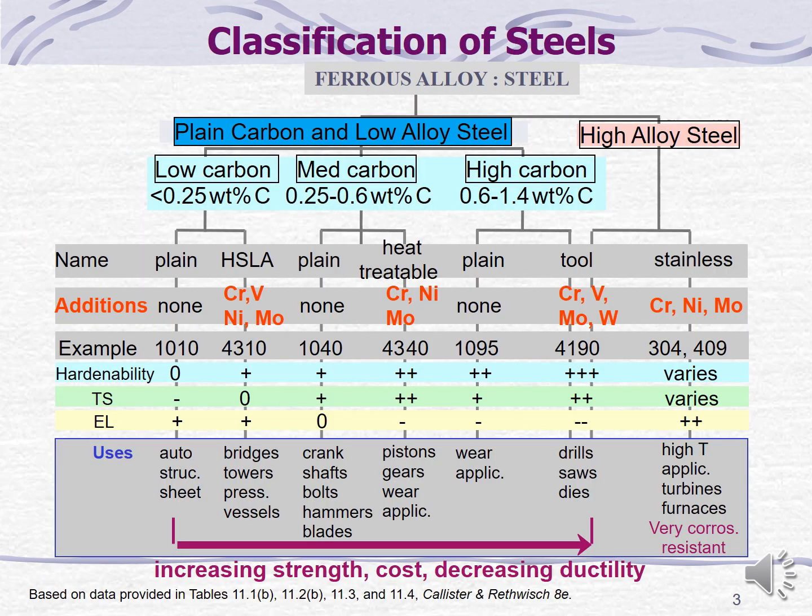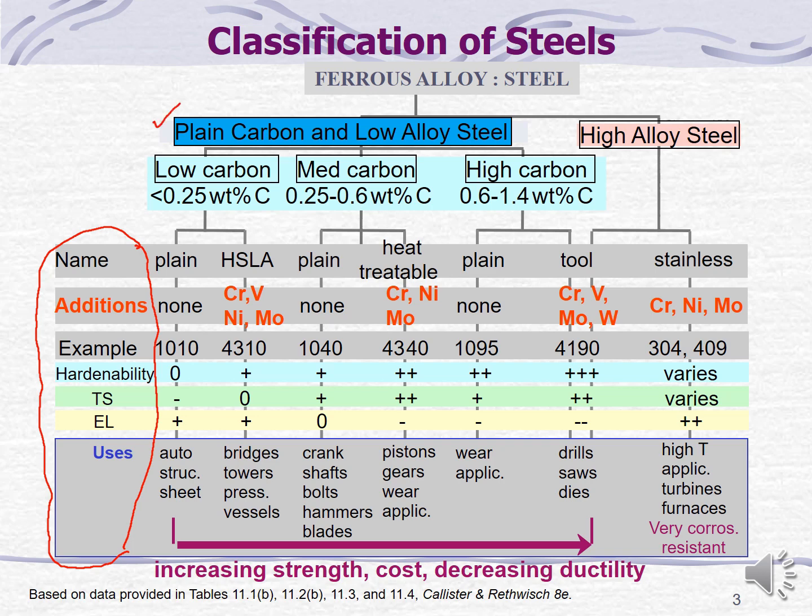Okay, look at this slide, still on the classification of steel, but now we want to see the comparison in terms of the name, addition, and application, and also some of the properties of the different carbon types.